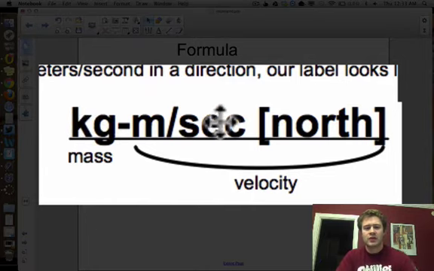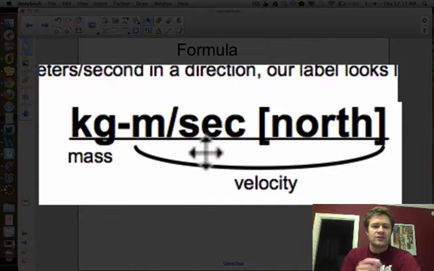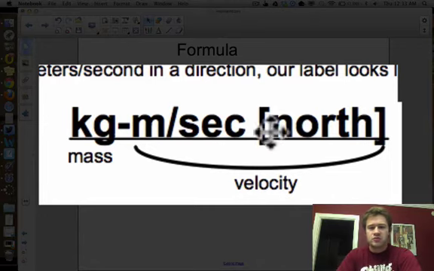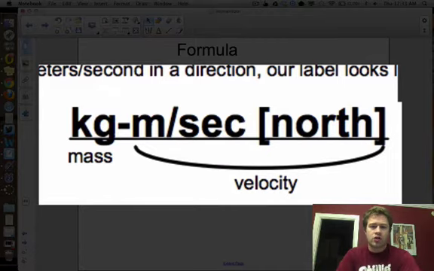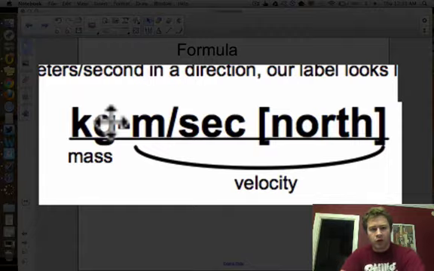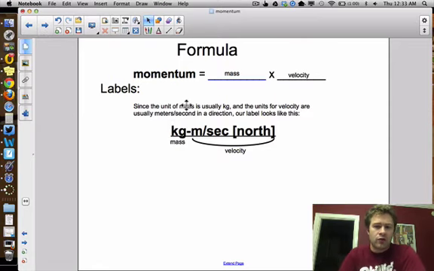So it looks like what you see down here: kilogram meters per second, and then whatever your direction is. It'll always be kilogram meters per second, or if the velocity is in miles per hour, then that unit and whatever your direction is. But we're always going to measure our masses in kilograms, so don't worry about that. Always remember too, the direction needs to also be in brackets.